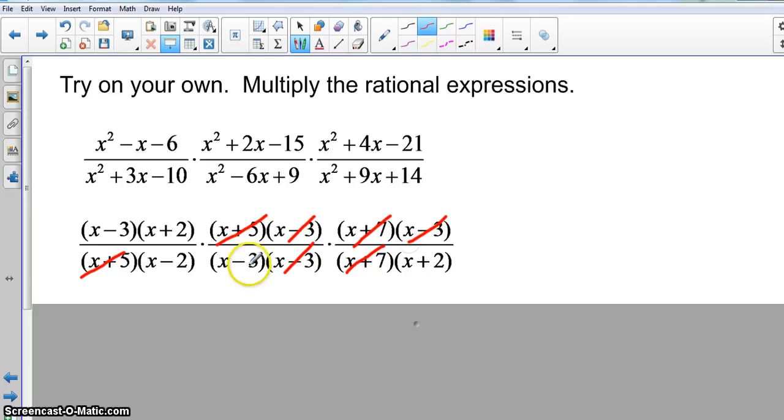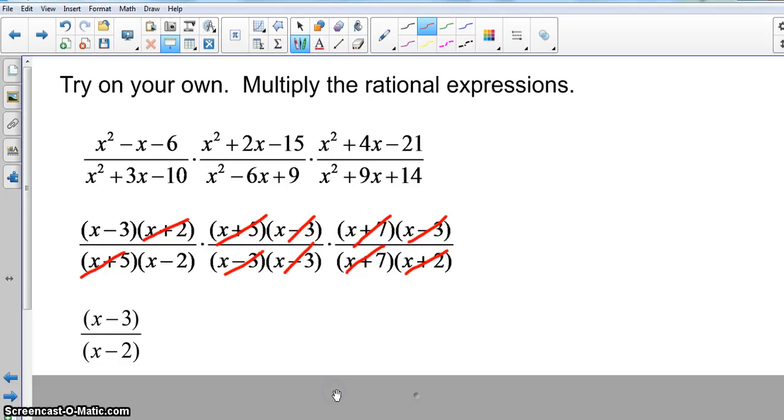An x minus 3 and another x minus 3 there. And then an x plus 2 and an x plus 2. That leaves me with only an x minus 3 in my numerator and an x minus 2 in the denominator. So I'm multiplying all those by 1, and that leaves me with my final answer of x minus 3 over x minus 2. So that's how you multiply rational expressions.